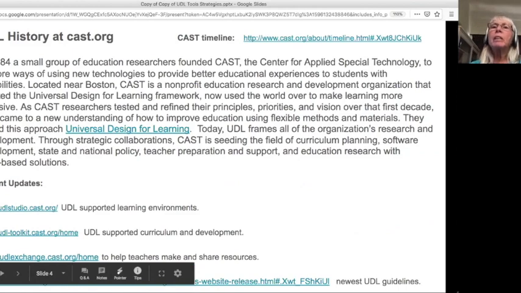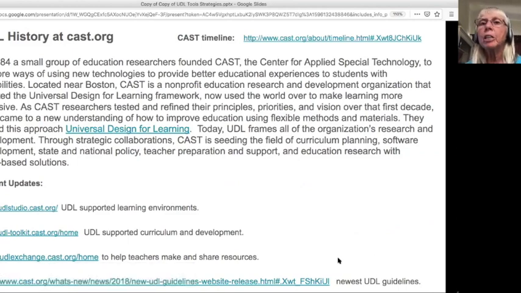All right, so the organization that gave birth basically to UDL is CAST, the Center for Applied Special Technology out of Boston, Massachusetts. It is a nonprofit that is still doing much good work today and is realizing that we're moving into the remote environment, so is doing work in that realm as well.